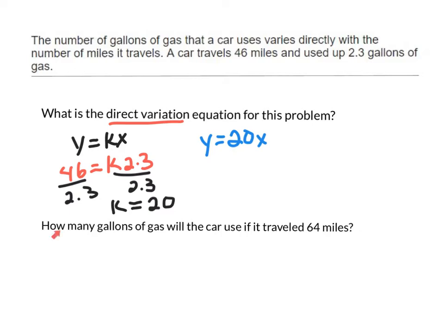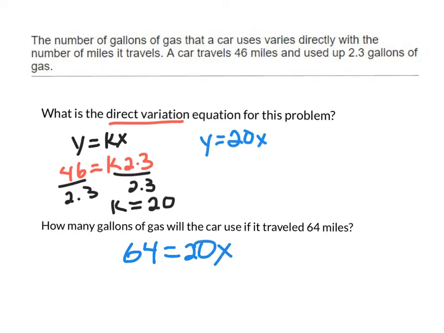And the second part of the question says, how many gallons of gas will the car use if it traveled 64 miles? So we're just going to plug 64 into our equation and determine what the x is, which is the number of gallons. All right, so instead of y, we would put the 64 miles equals 20x.